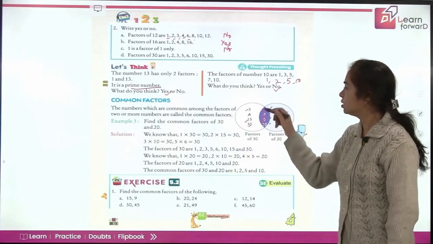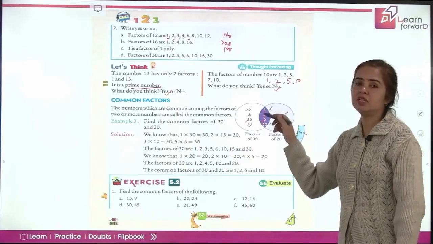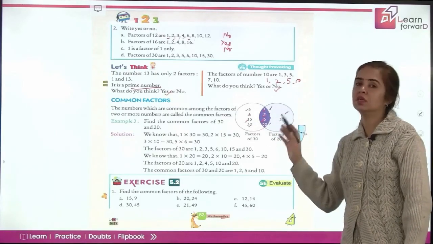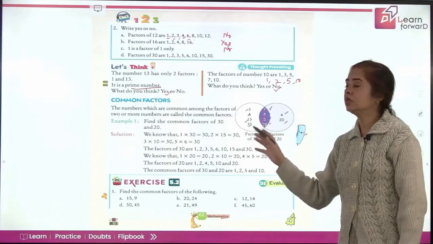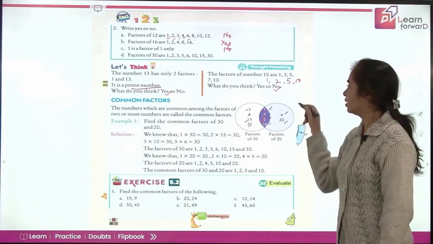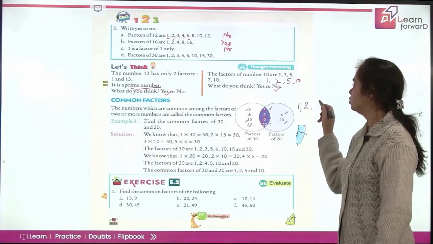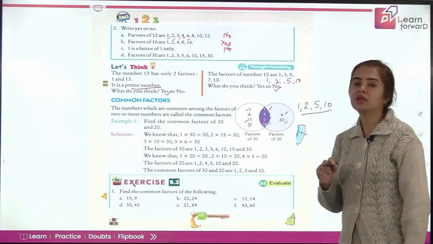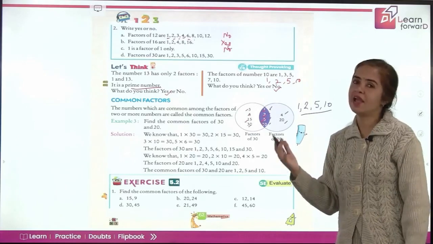And you know, in this common shaded region, we have put all the factors which are common to both the numbers. So for 30 and 20, the common factors are 1, 2, 5 and 10. So these are the common factors of 20 and 30.